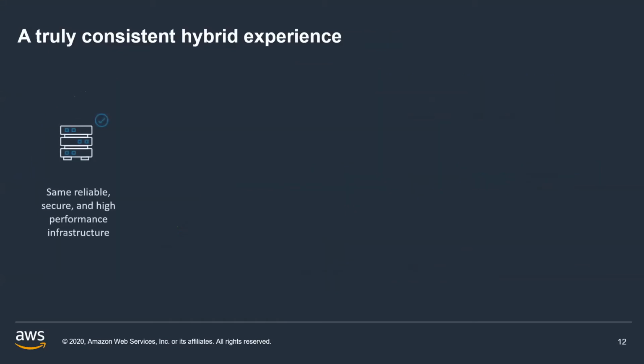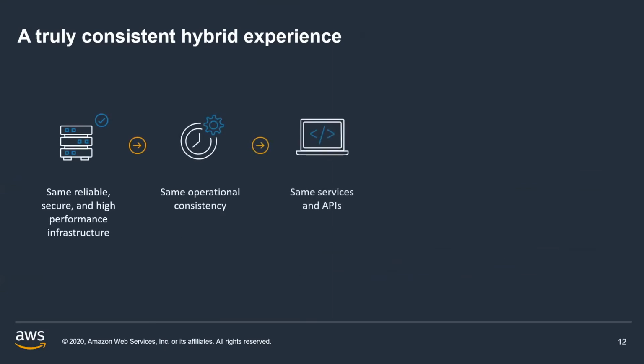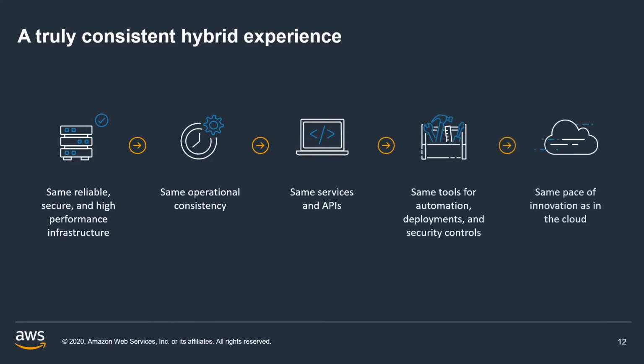Now, the benefits of our hybrid model, it's important to realize, are not just limited to developers and IT. They extend also to procurement and finance and lines of business teams across our customers. And again, that consistent hybrid experience is so important, especially for growing businesses that need to easily scale and have become used to that same pace of innovation that they see in the cloud.